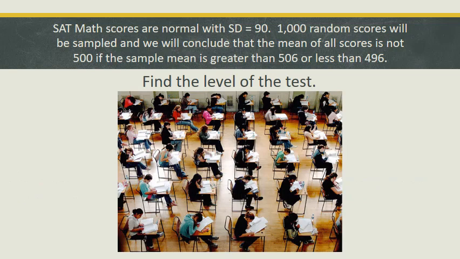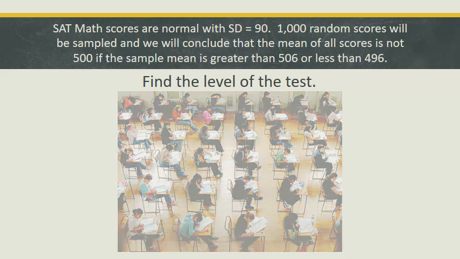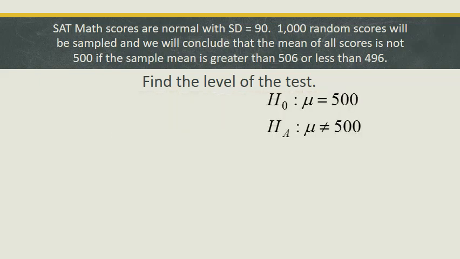Okay, this is the last example about SAT scores. We have known SD, so we have the z distribution again. We're going to test whether or not the mean is equal to 500. And we will reject if the sample mean is too big or too small.